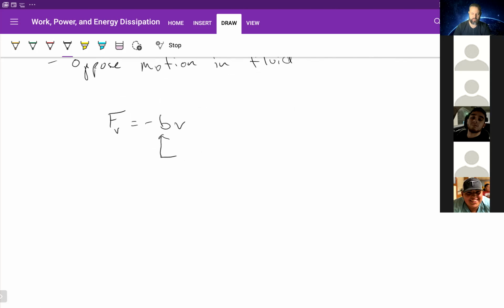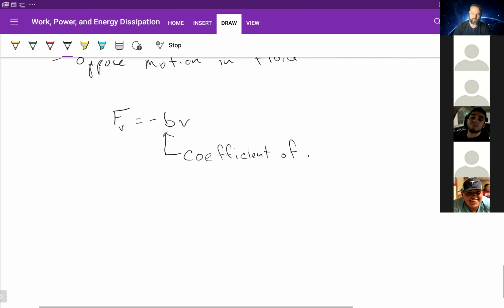It's a coefficient, called our coefficient of viscosity. Why they picked a B, I don't know, but they did. And V, of course, is our velocity. So the greater our velocity is in a liquid, the greater our force due to viscosity is going to be, because B is constant. B doesn't change. So the only way to get a higher force due to viscosity is to increase our velocity.